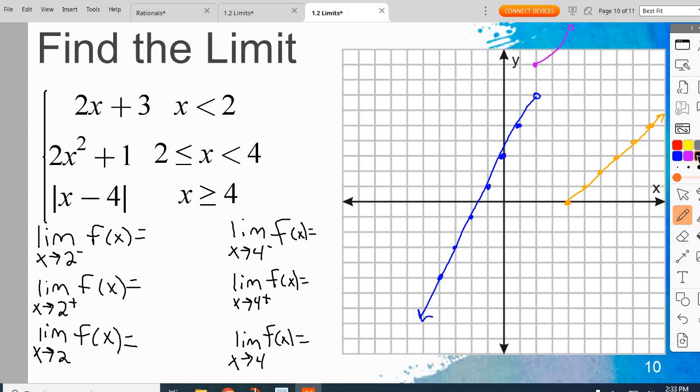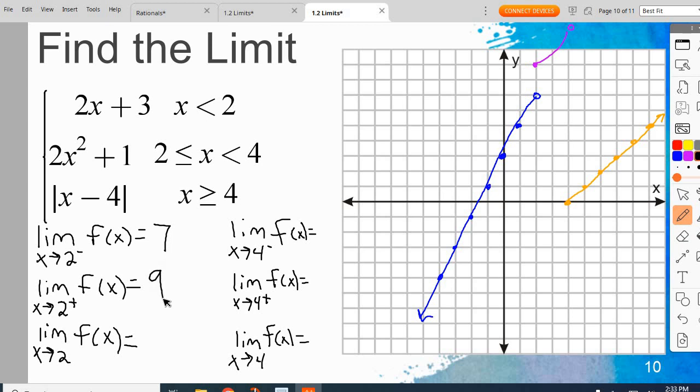And then we want to look at our limits. So what is the limit as x is approaching 2 from the left? Seven. It's 7. Okay, what about 2 from the right? 9. So what does that mean?